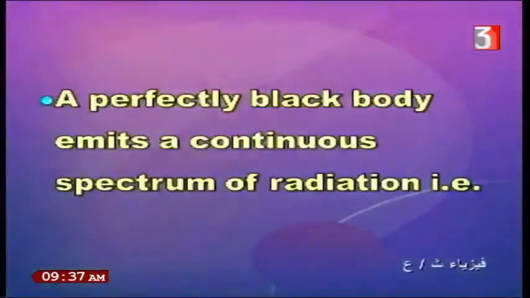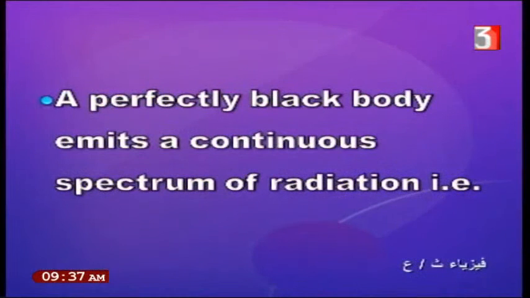Still talking about a perfectly black body. A perfectly black body emits, and this is a very important piece of information, a continuous spectrum of radiation. Continuous spectrum means it has a wide range of frequencies.